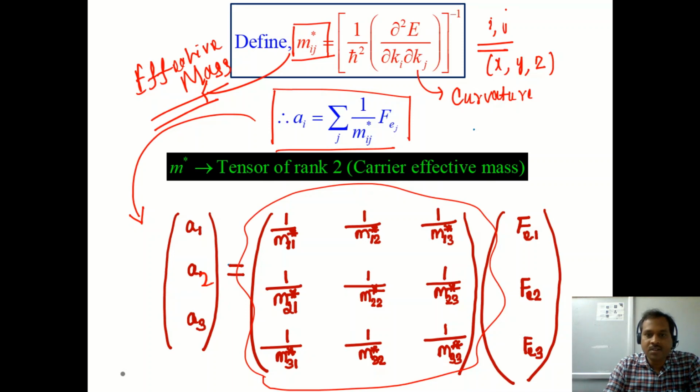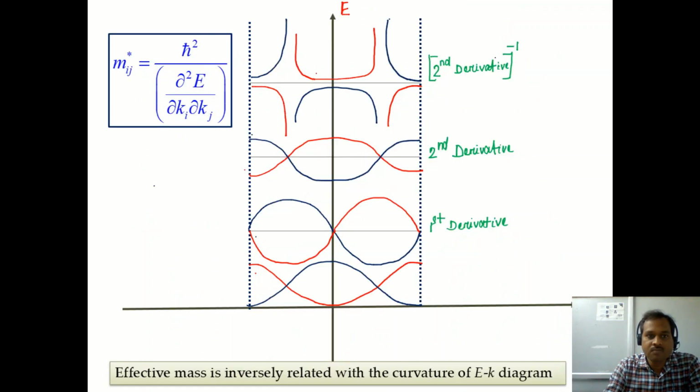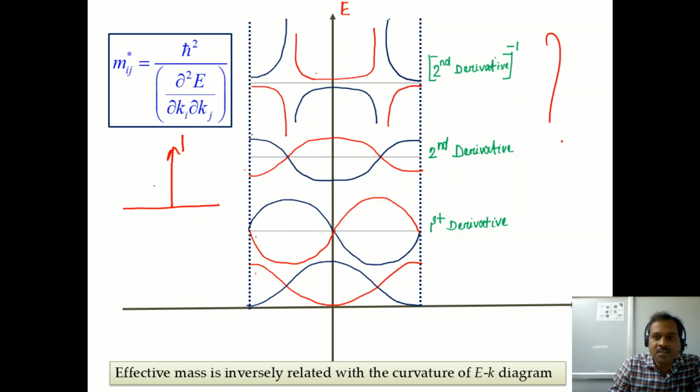Now let us try to plot the curvature and get an idea about the electron effective mass. So let me draw two plots here. Suppose this is the E versus K diagram. I will come back to this a little later.